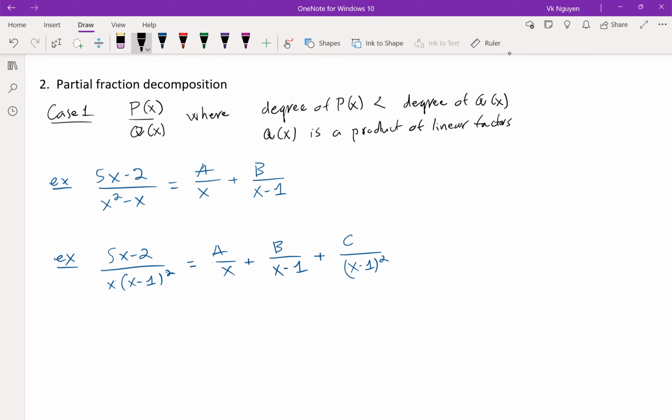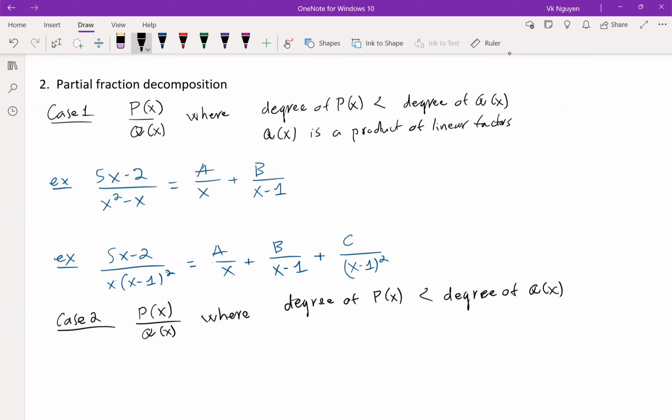Okay, so here comes case 2. In case 2, we are dealing with the rational expression p(x) over q(x), where the degree of p(x) is less than the degree of q(x), and q(x) is a product of factors that contain an irreducible quadratic factor.